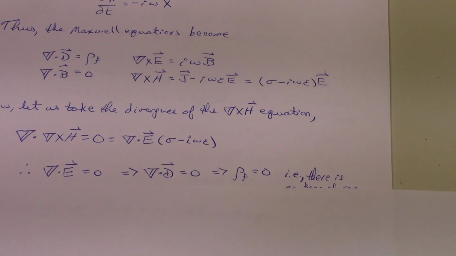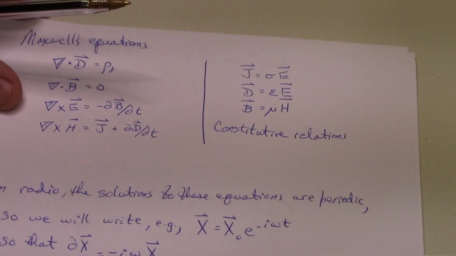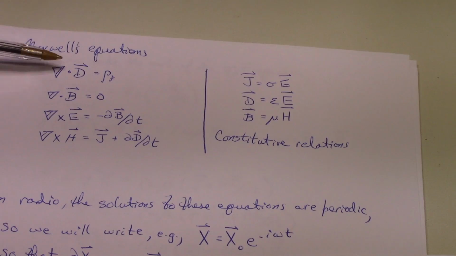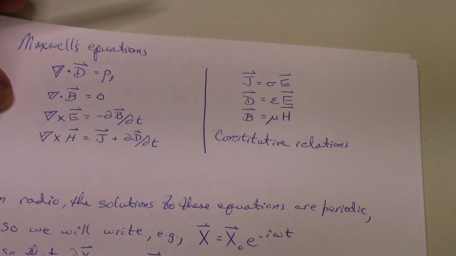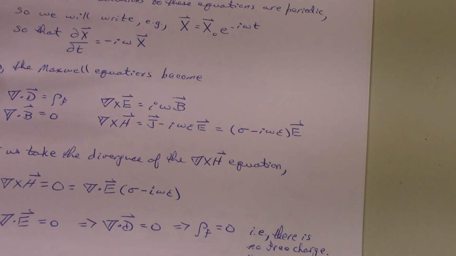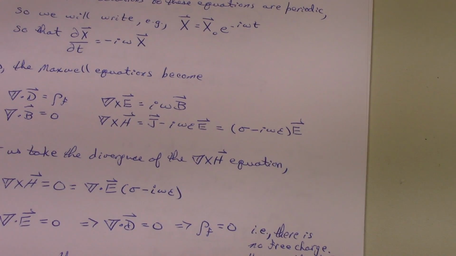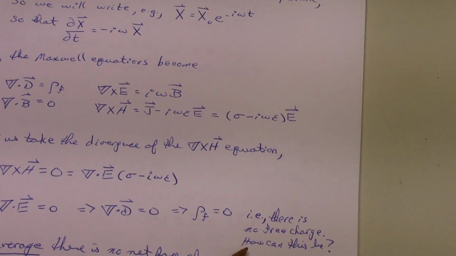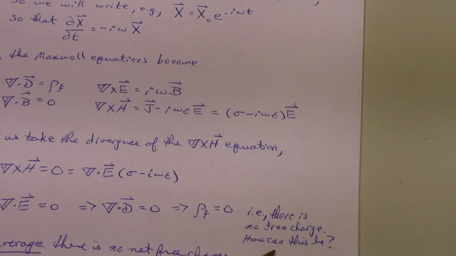And if that's true, because the very first equation that we talked about was the divergence of D is equal to the free charge density, then that implies that rho f is equal to 0, or that there's no free charge in the metals that we're talking about.